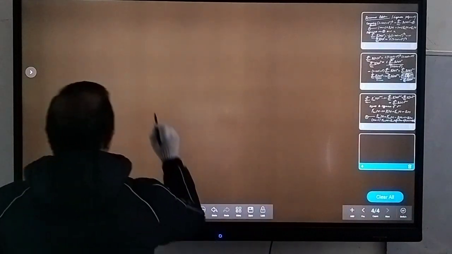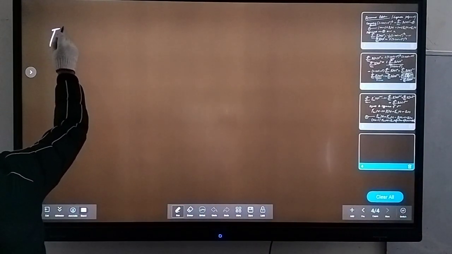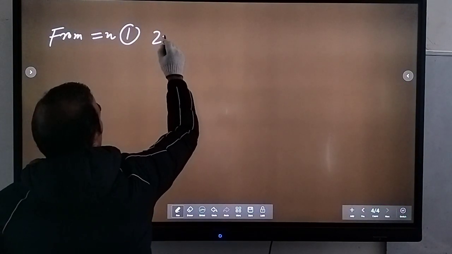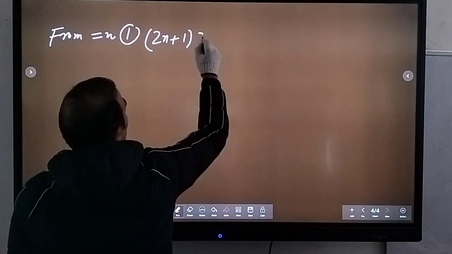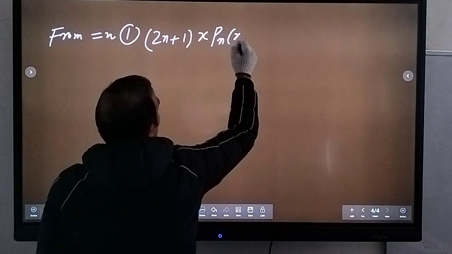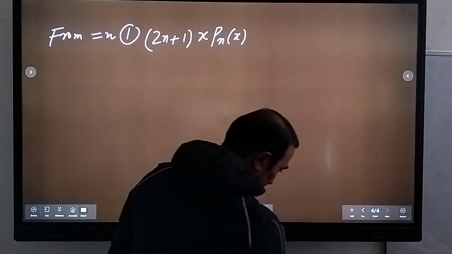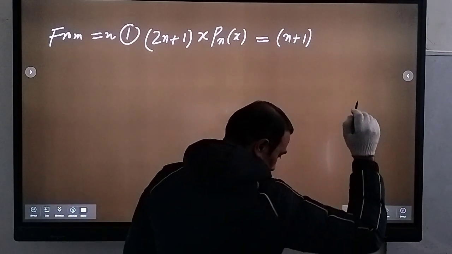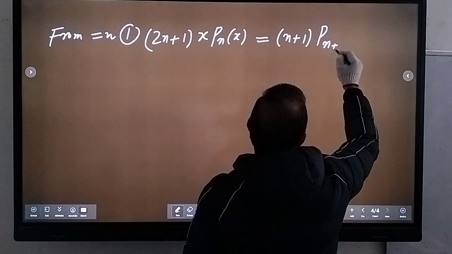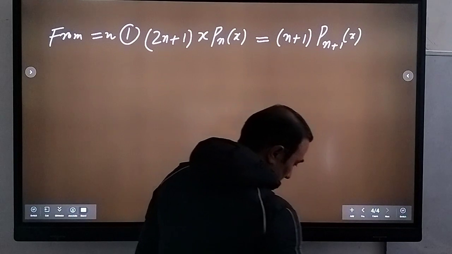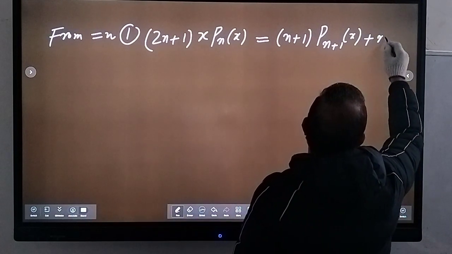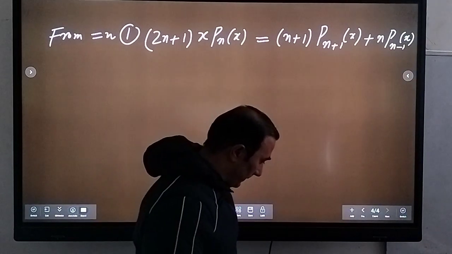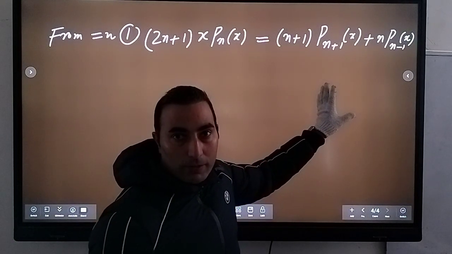So we can differentiate the first equation now. So let us differentiate. So we have this equation. So from the first equation, we have this (2n+1). Okay, that's it. Now you differentiate this equation with respect to x. Yeah?